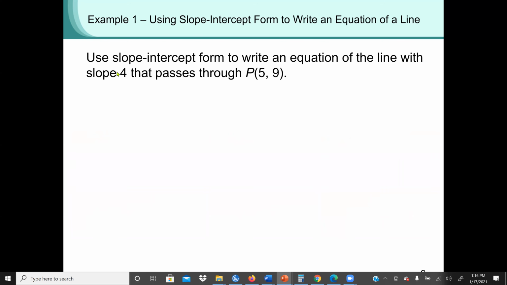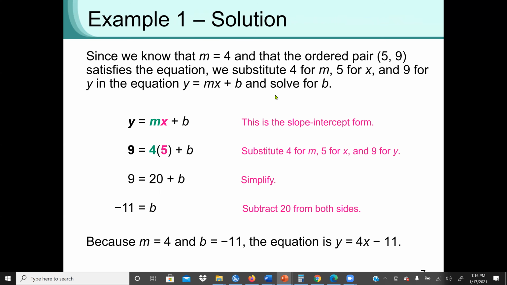So now we have a question here. They say use slope-intercept form to write an equation of a line, and they gave us the slope to be 4, and it passes through the point 5 and 9. So 5 is our x, and 9 is our y. Here we know the slope-intercept form will be y equal to mx plus b.